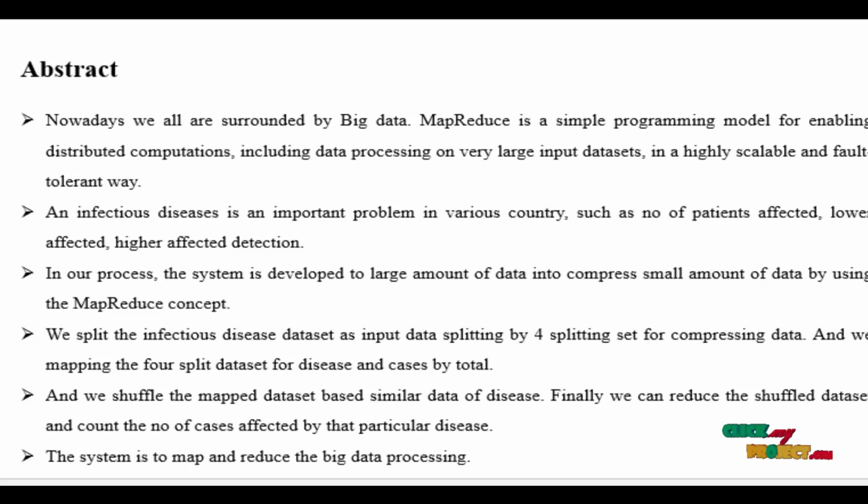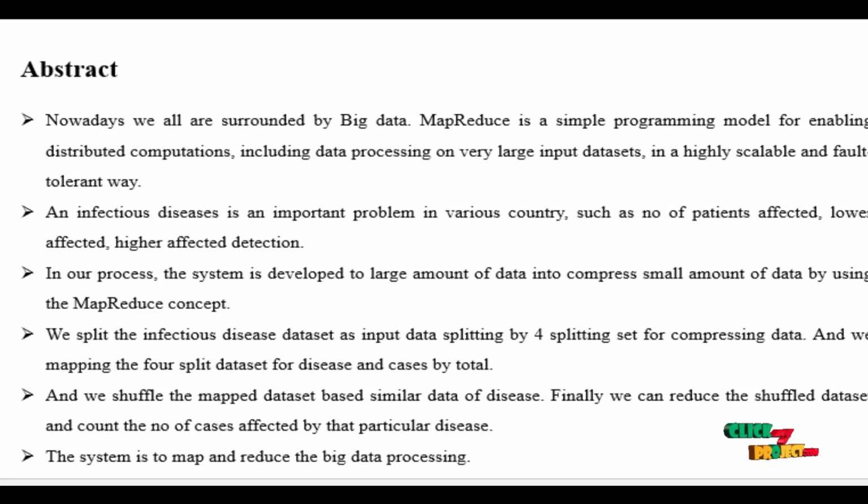An infectious disease is an important problem in various countries, such as the number of patients affected, and lower and higher affected directions. In our process, the system is developed to turn a large amount of data into a compressed small amount of data by using the MapReduce concept.